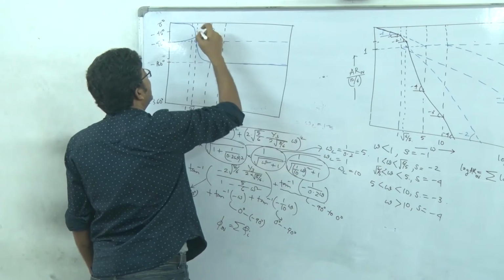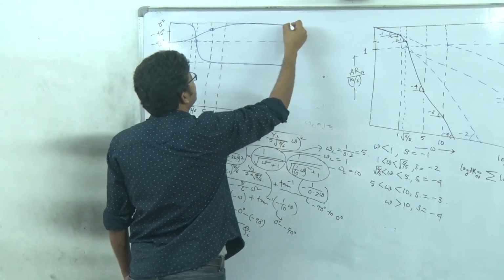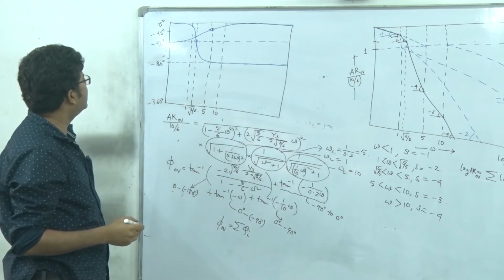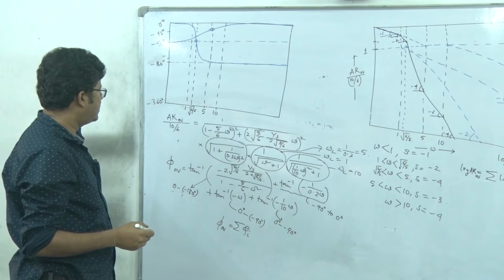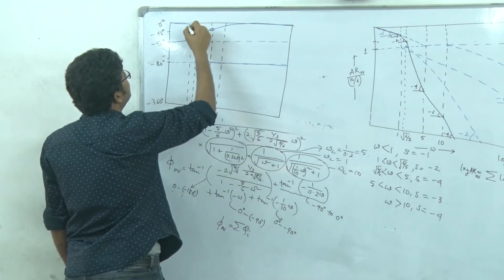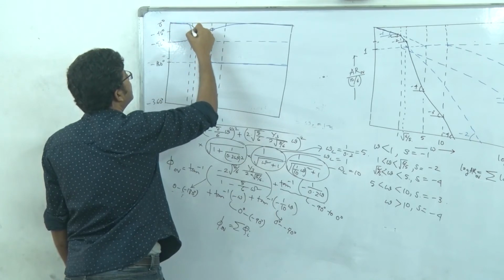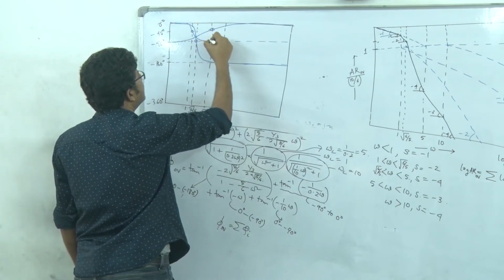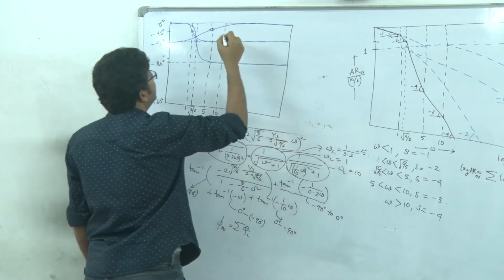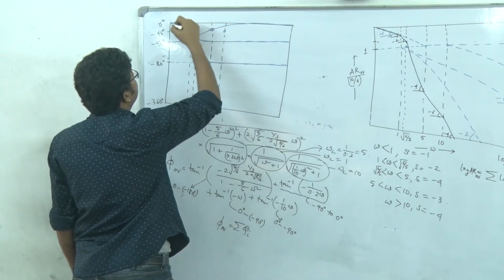This is a tentative plot. You have to draw it on actual graph paper. Next two are first order systems with 1 as corner frequency. So it will be something like this. And another is having a value of 10, which is again 45 degree.